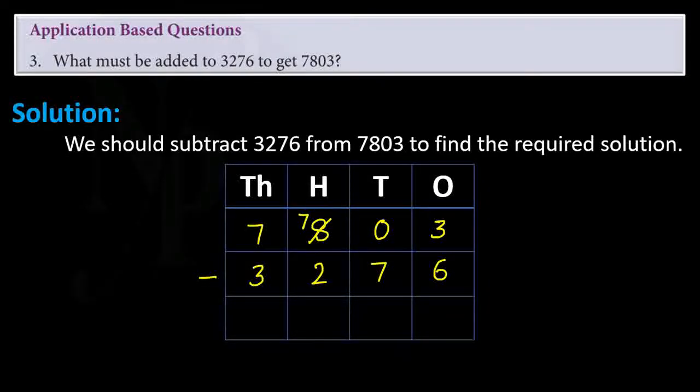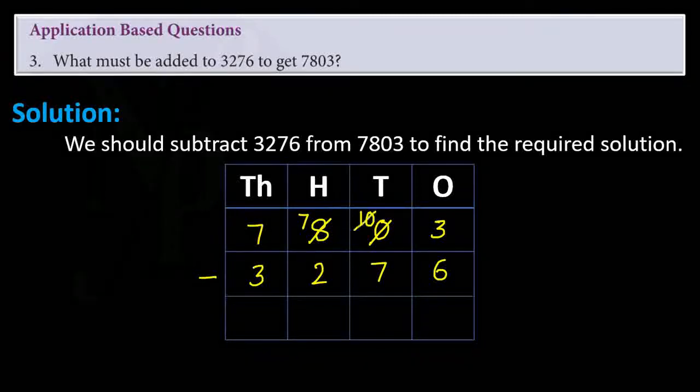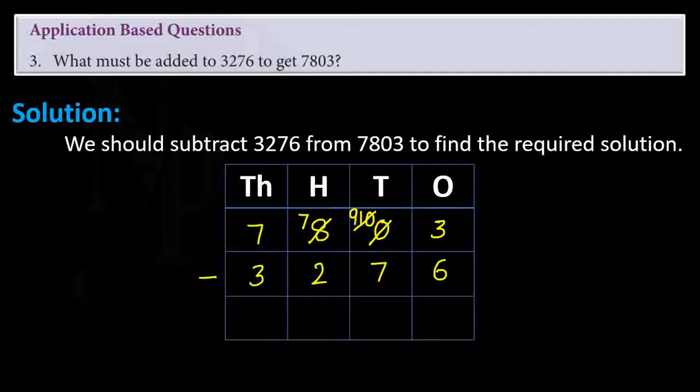We are borrowing 100 to the tens place. So 100 is equal to 10 tens. So therefore it will become 10 tens. So now from 10 tens we will borrow 1 ten to the ones place. So now it becomes 9, and 3 now becomes, since we borrowed 1 ten to the ones place, and we know that 1 ten is equal to 10 ones, 10 ones and 3 ones together becomes 13 ones.